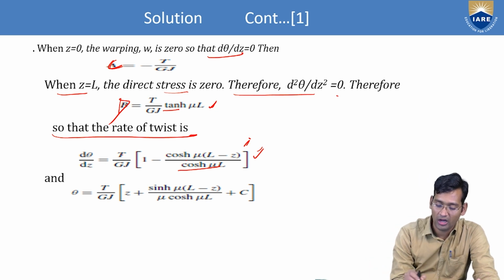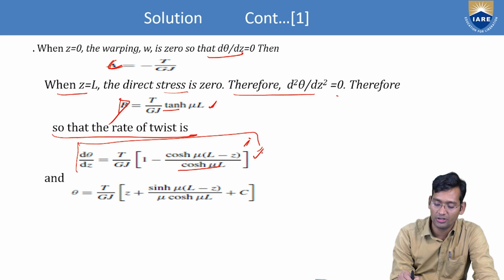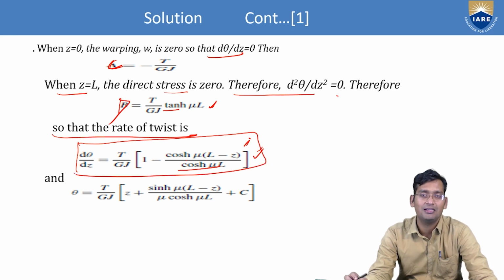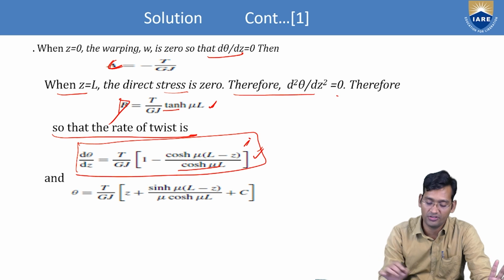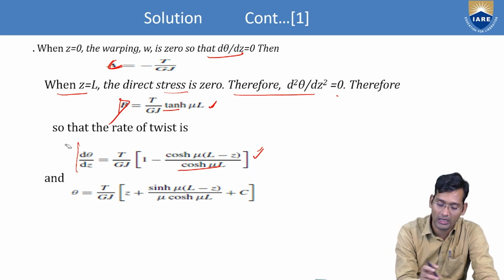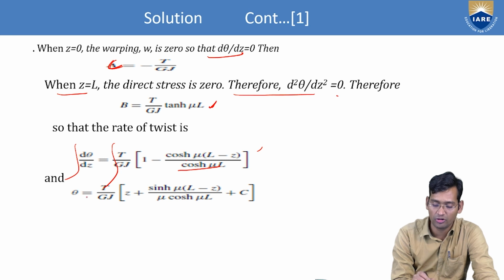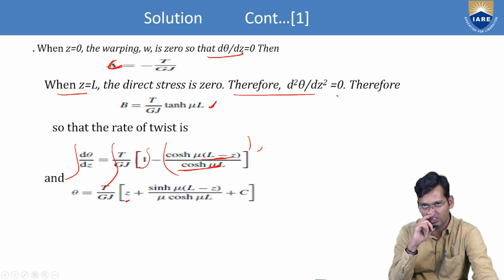Okay, so now after simplifying that step, what we got: d theta by dz as t by gj into 1 minus cos h mu into L minus z by cos h mu L. Okay, now just integrate this one. So after integrating, what happened? Integration of 1 becomes z, and because mu L is constant, only z is there in the other term, so this we have to integrate.